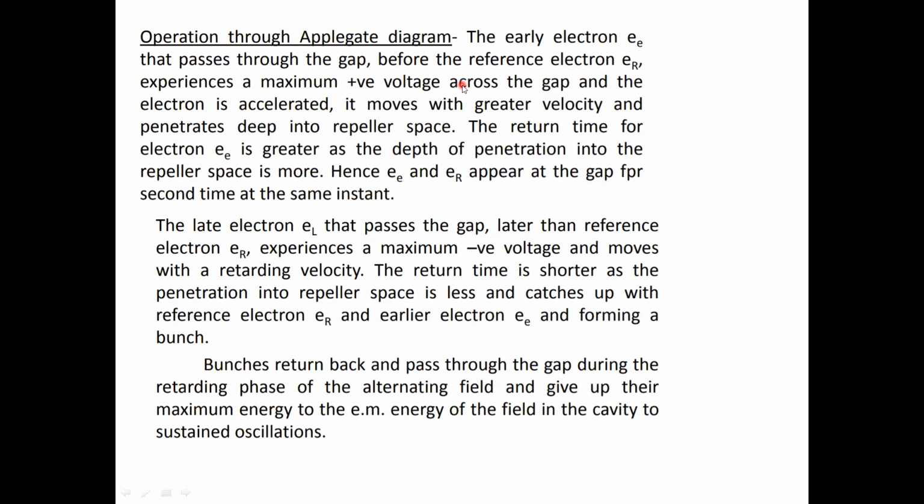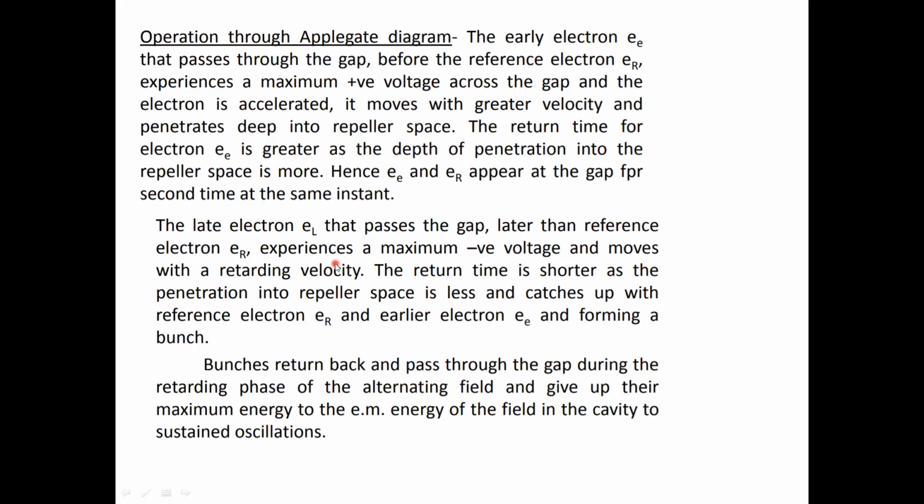What is the behavior of the late electron? Here I mentioned the point. If this late electron passes the gap after the reference electron, this late electron gets a minimum negative voltage, or small negative voltage. Therefore it is accelerated with retarding velocity.